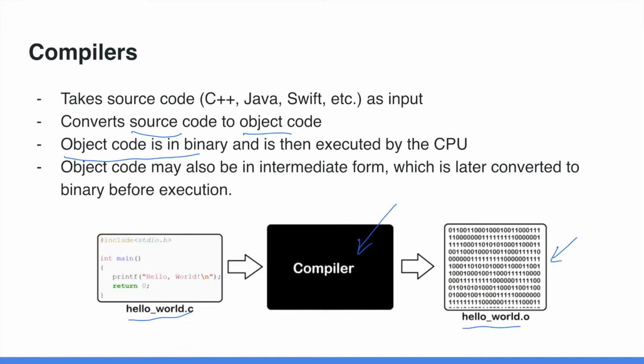But the point is that we're not executing every line of code line by line as we did with an interpreter. We're taking the entire source code, putting it through a compiler, and then generating a file with object code. And then we're going to execute all of that object code. So there's an extra step from interpreters.